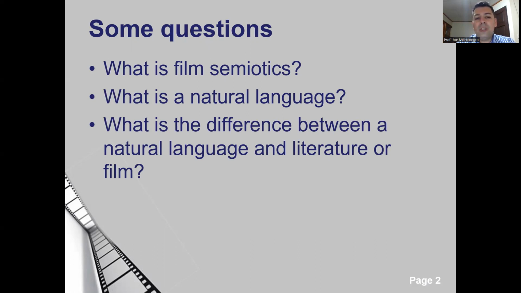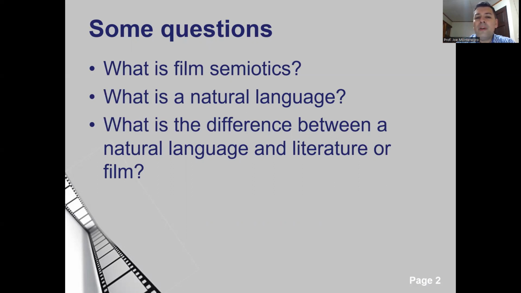In that sense, we speak a natural language, we use it to communicate, we use the tools that it offers to us in order to communicate whatever meaning we want. Whereas literature or film also are used to communicate meaning, and they also have codes and tools and matters of expression that an artist, a filmmaker, or a writer uses to communicate meaning.